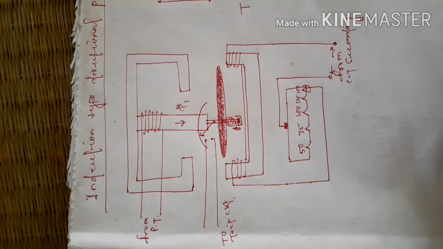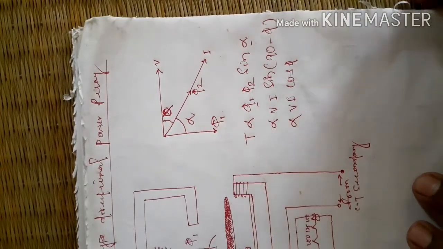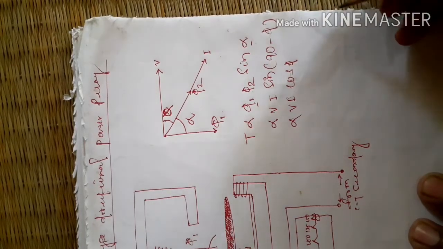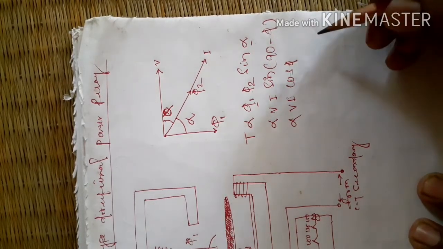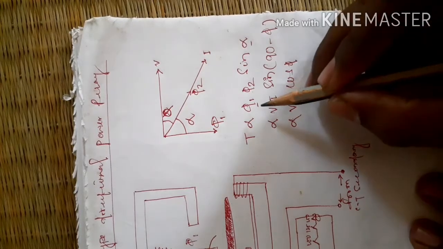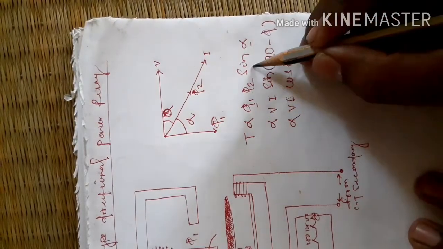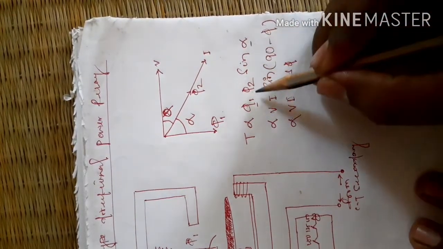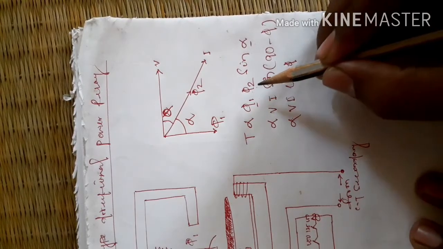The interaction of flux phi 1 and phi 2 produces an operating torque, which is given by T is directly proportional to phi 1 phi 2 sin alpha, where alpha is the angle between phi 1 and phi 2.